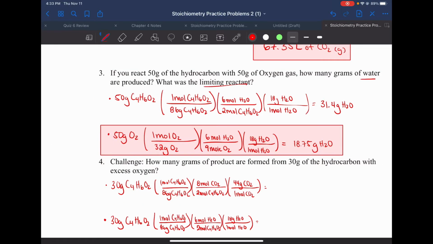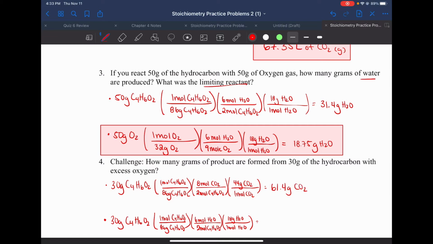Okay, so we get 30 times 8 times 44, divided by 86 and divided by 2. So we get 61.4 grams of CO2.